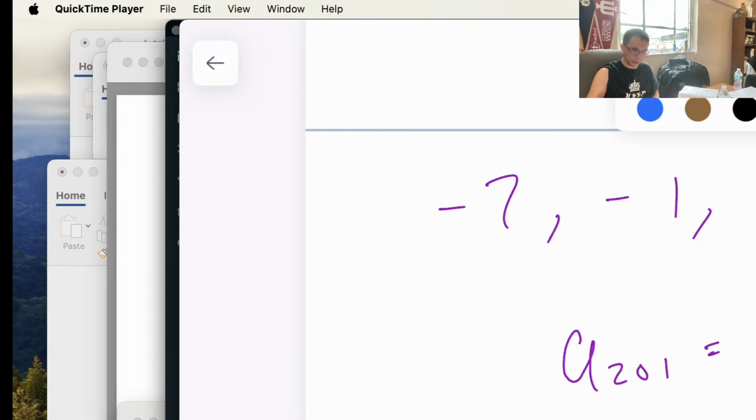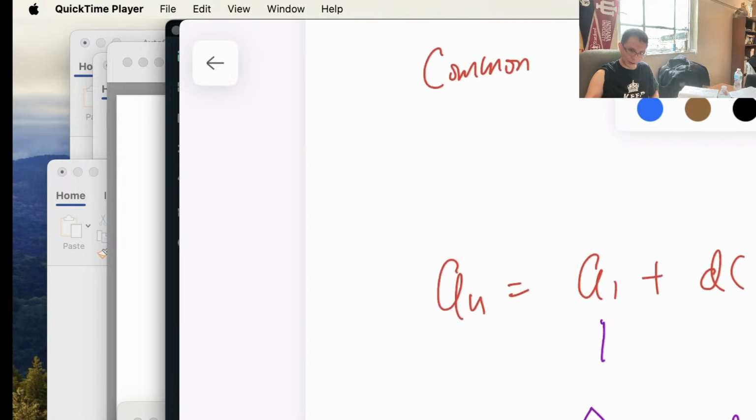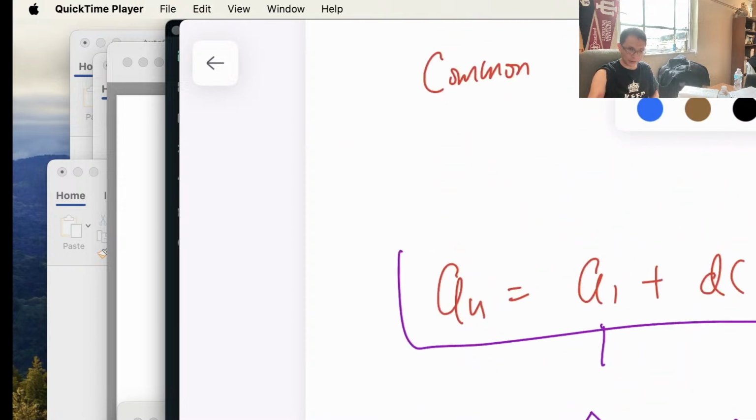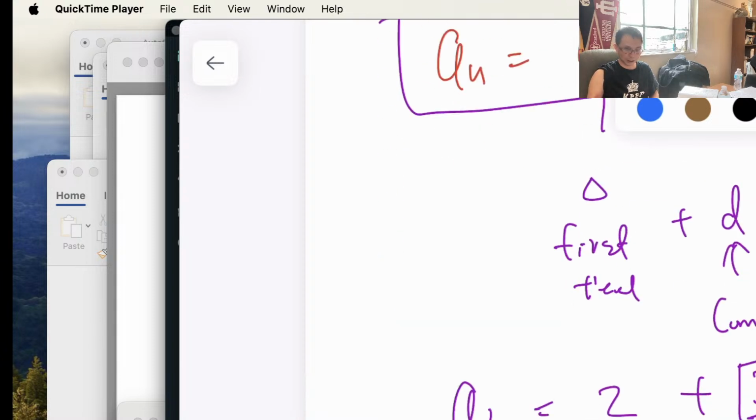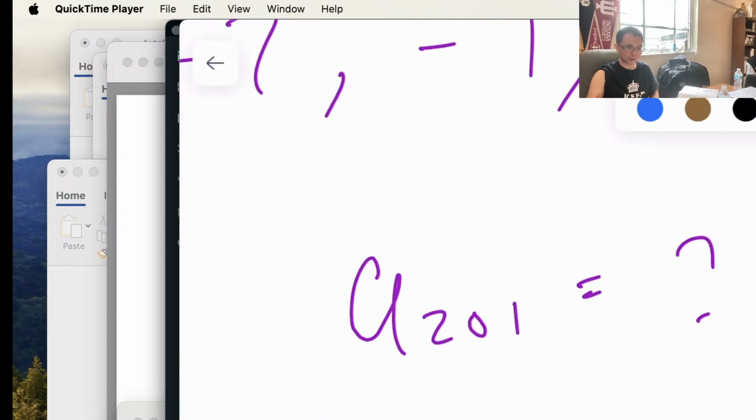What is a to the 201 equal to, Samuel? But what would be the first thing to place right here? Look at the equation. It's a1 plus d, the common difference, times n minus 1. So what is the first thing I need to put here?